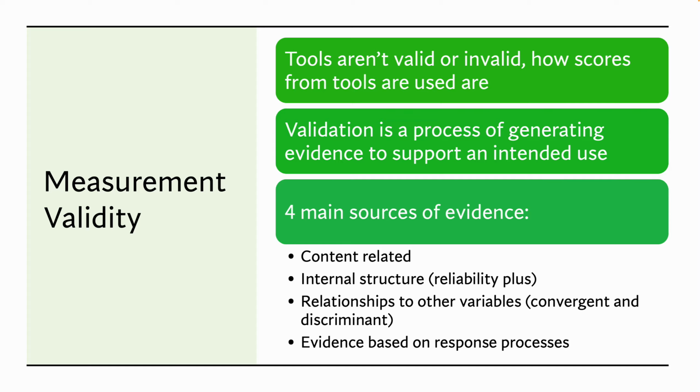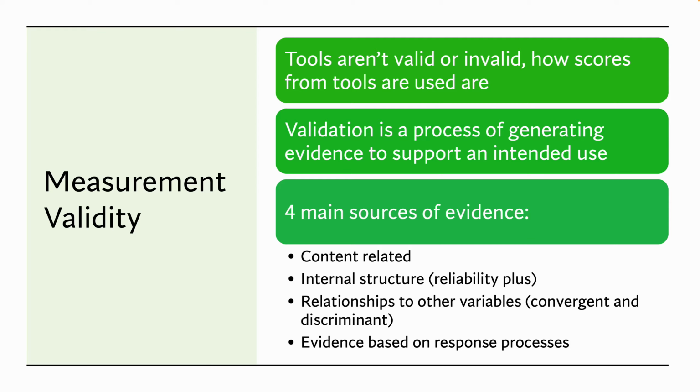So when you measure motivation, you'll ask people to self-report how much time they spend studying or how much time they spend in their free time learning this material. There should be a correlation between the scores you get on your motivation instrument and the amount of time people spend studying or the amount of free time they spend on that topic. So that's relationship type evidence. You use correlations.